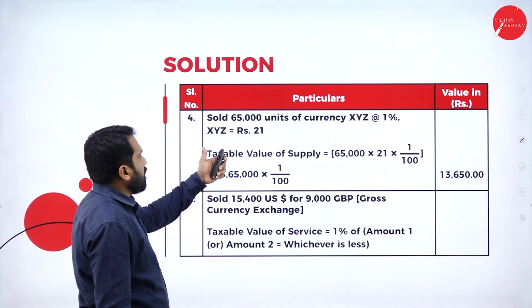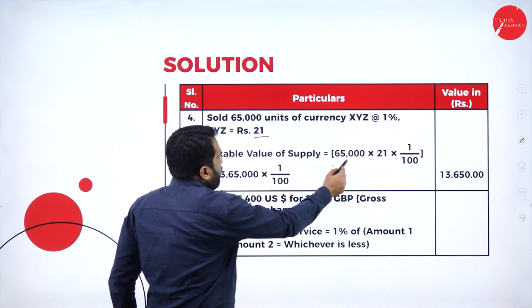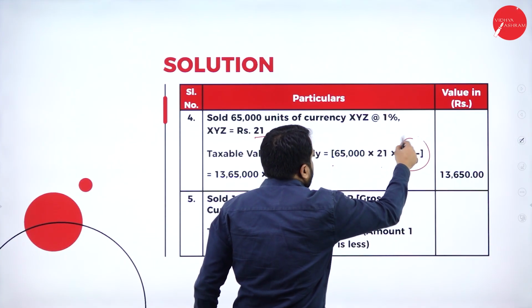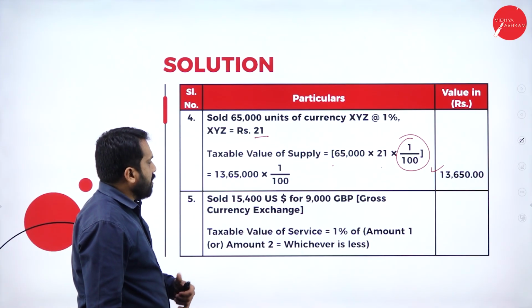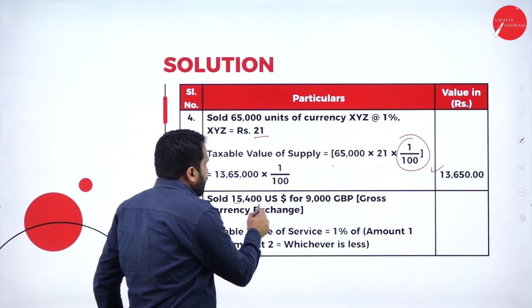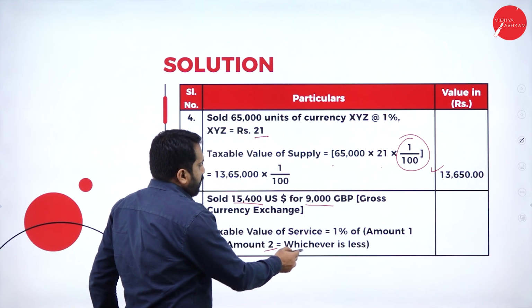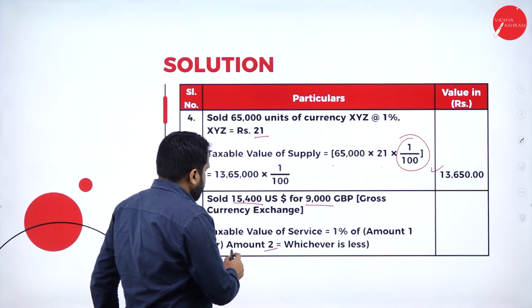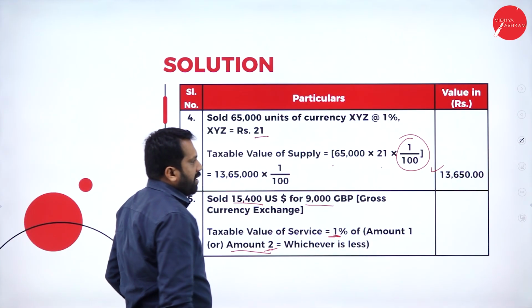Similarly, sold 65,000 units. 21 is given. 65,000 into 21. As per the rule, it is 1%. It is 13,650. Next one, 15,400 for 9,000 GBP. Similarly, if you calculate, whichever is less, if it comes to amount 2, then 1% of the amount.